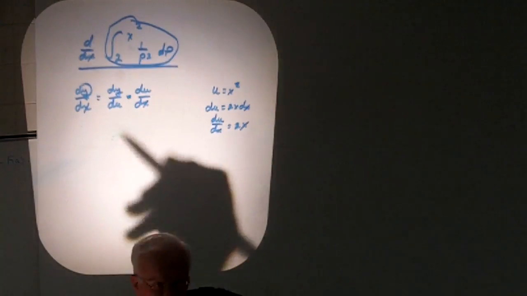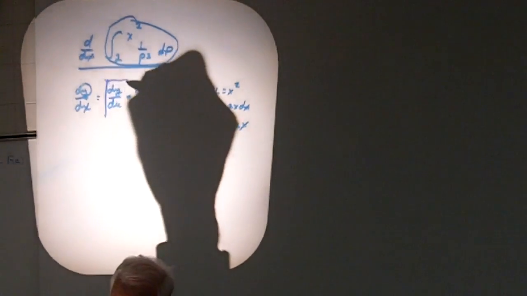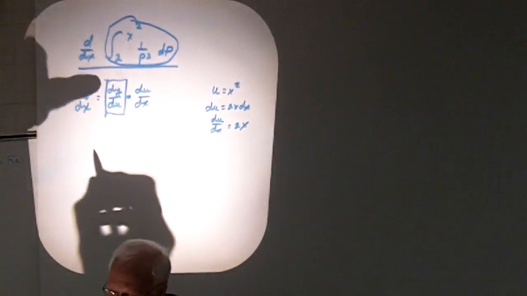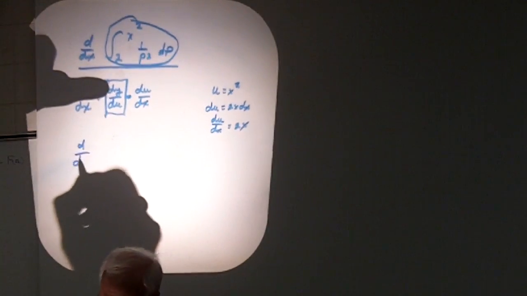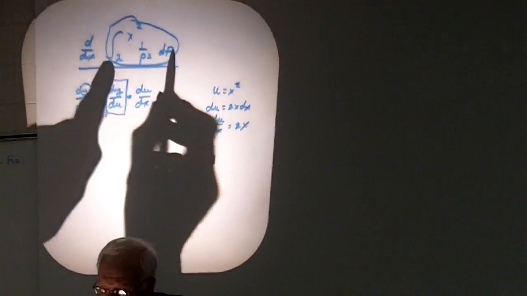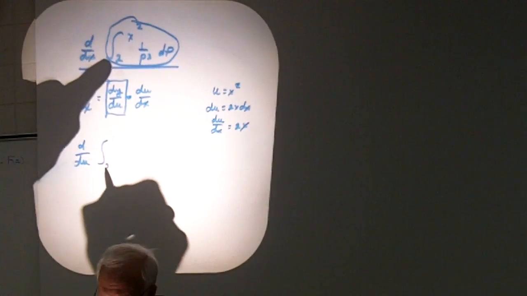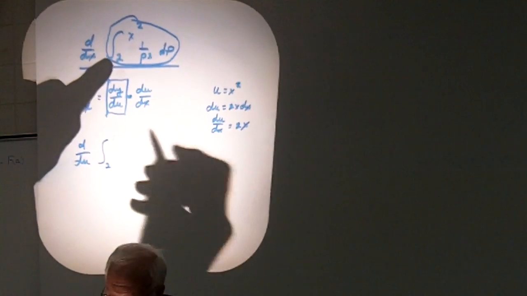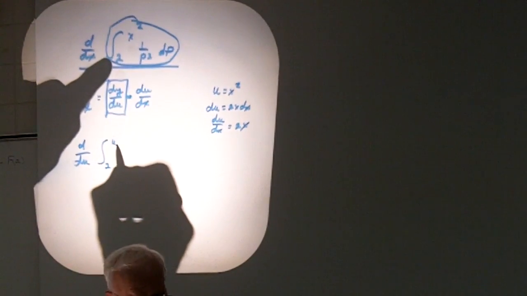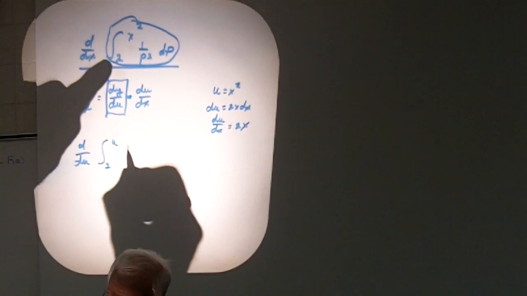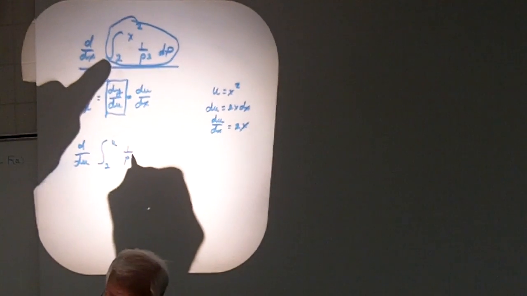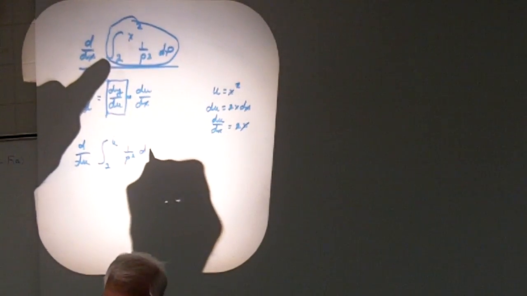Now, this quantity right here, I'm going to write d du and then what y is equal to, which is all of this. Now watch how I do this. I'm going to put 2 here, but instead of putting an x, I'm going to put what it's equal to, and I have a u. And then I have 1 over p squared dp, like this.